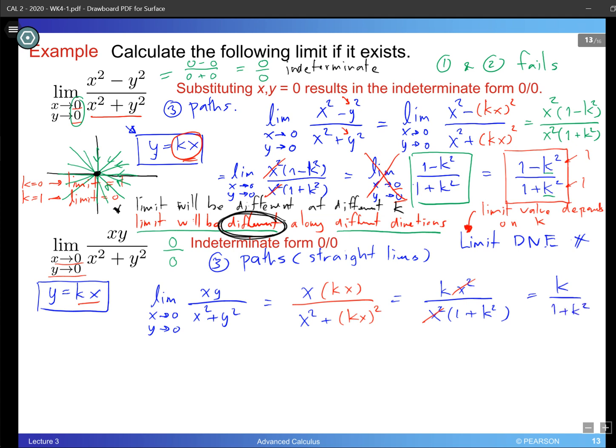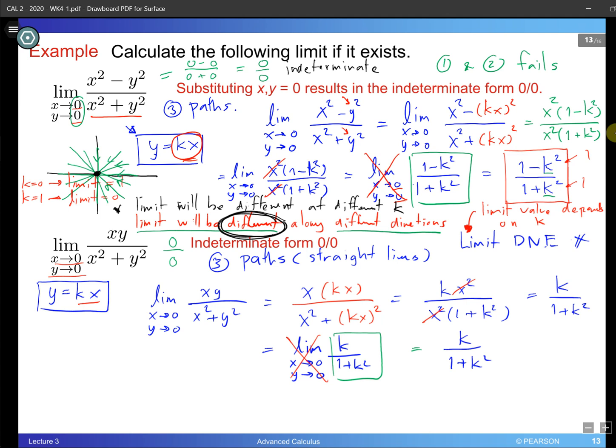So in the end this is equal to the limit of k divided by 1 plus k squared when x approaches 0 and y approaches 0. And as you can see, in this expression we don't have x or y, so we can just get rid of the limit. The limit value is going to be equal to k divided by 1 plus k squared.